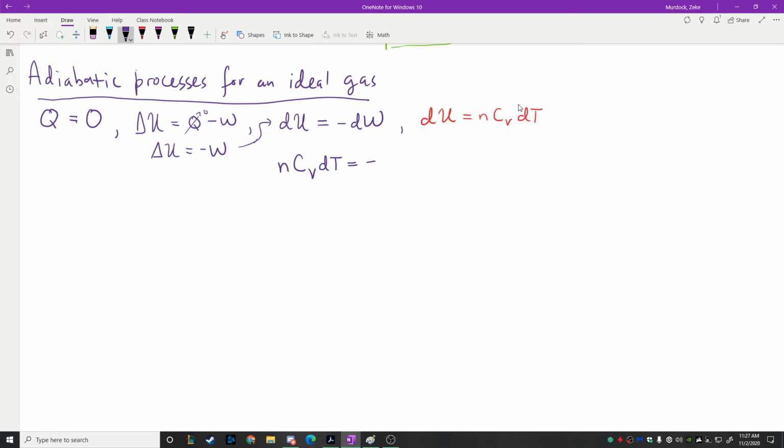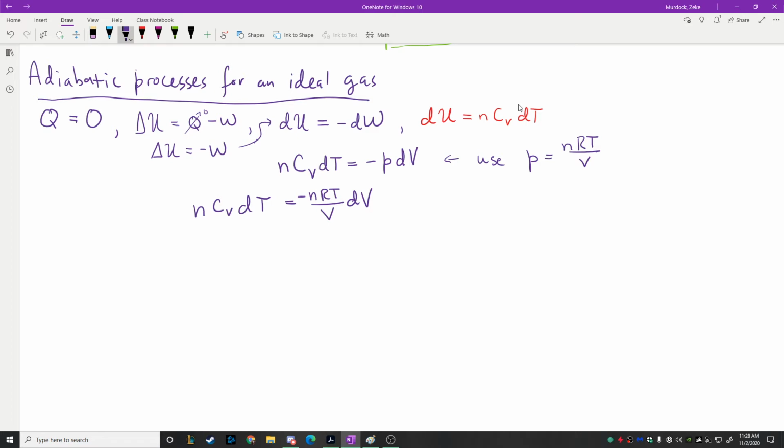And on the right-hand side, we'll have negative P dV. We're once again going to use the ideal gas law to say that the pressure is equal to nRT divided by the volume. So we have that relationship. I can't forget the negative sign here.